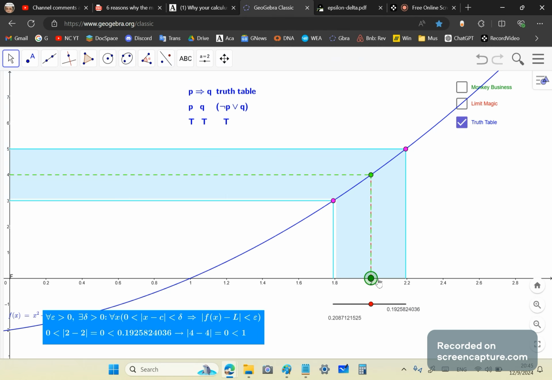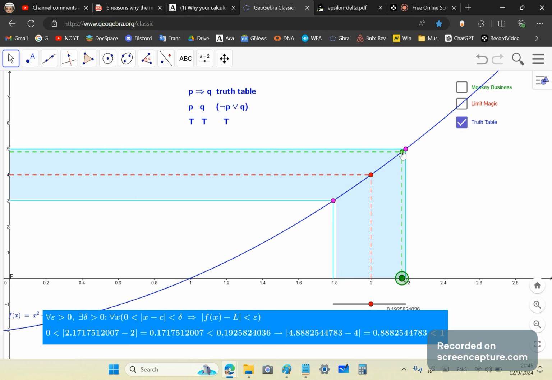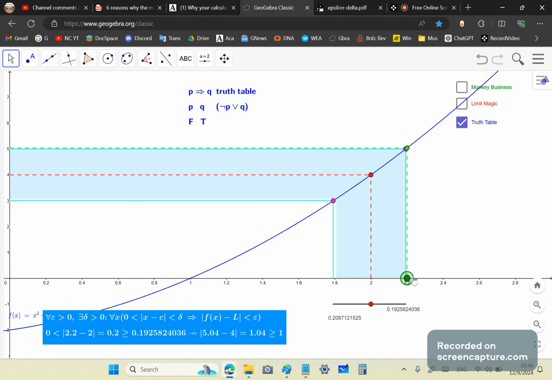Look, you can go all the way up to 0.192582, okay? All the way up to this value that you see me pointing to down here, okay? And it's good up to that value, but if you try and go past that range, it will be incorrect, okay? And obviously, the result of this truth table is that it's false, okay?